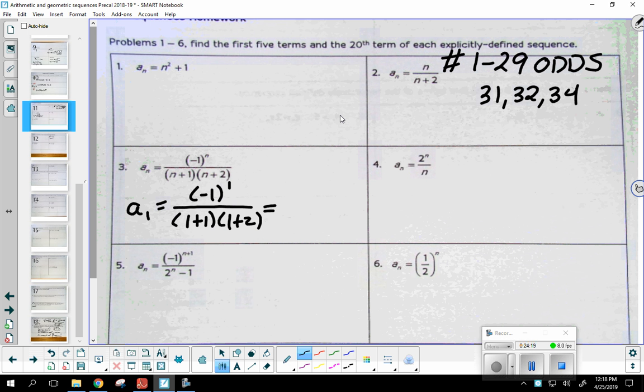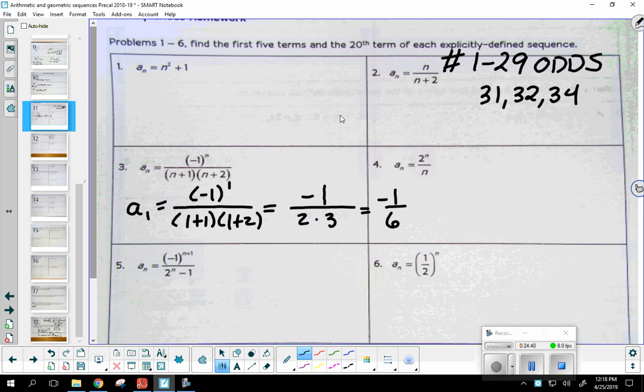It'll stay negative, so it'll be -1, but if you give it an even power, like square it, if you raise it to the 4th, then it'll give you a +1. So with this one being odd, that'll stay a -1 over. Looks like I'm going to have 2 times 3. So it looks like the first term has got to be a -1/6.